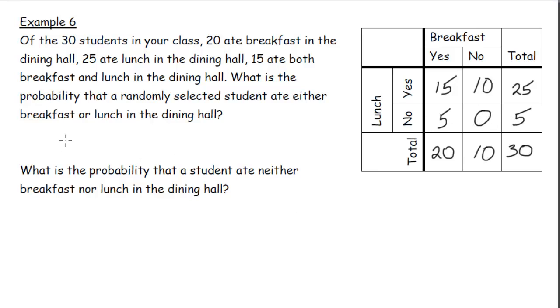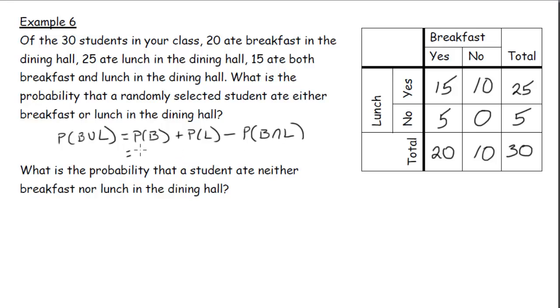So now I want to know, what's the probability that a student ate breakfast or lunch? Well, that's going to be the probability of breakfast plus the probability of lunch, and then I want to subtract off the probability of breakfast and lunch.